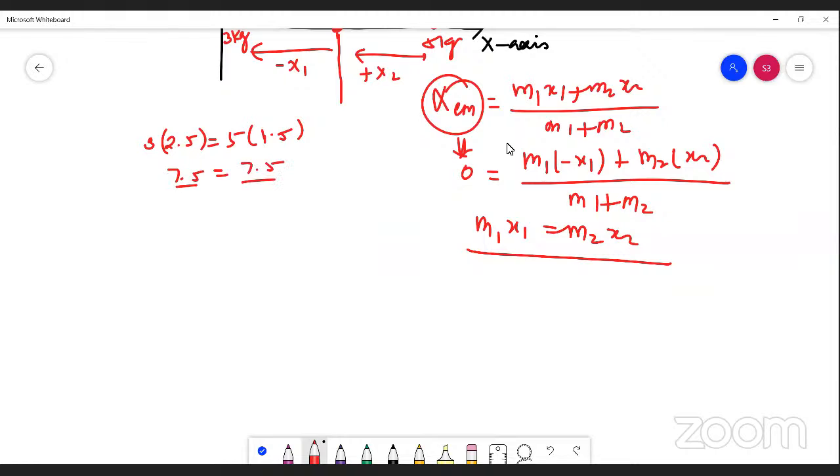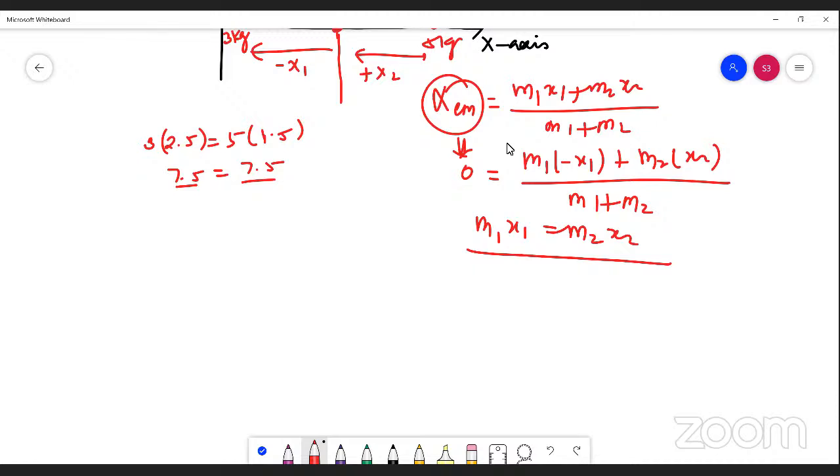So the product of mass and distance has the same value, and the principle of moment holds good. We are exactly holding the 2 point masses at their center of mass. That is what this condition reveals.